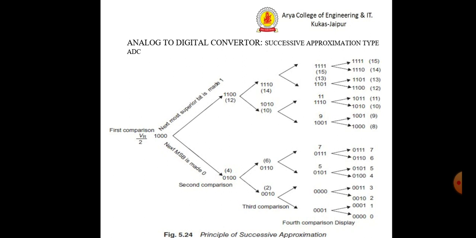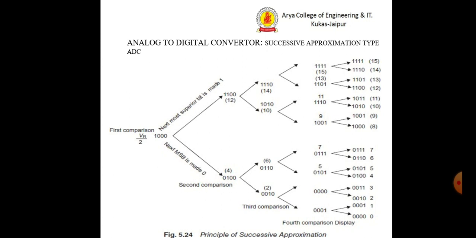If input is greater than VR by 2, it is changed to VR by 2 plus VR by 4. So, we are having a transition of VR by 4. This becomes a reference voltage for new comparison.